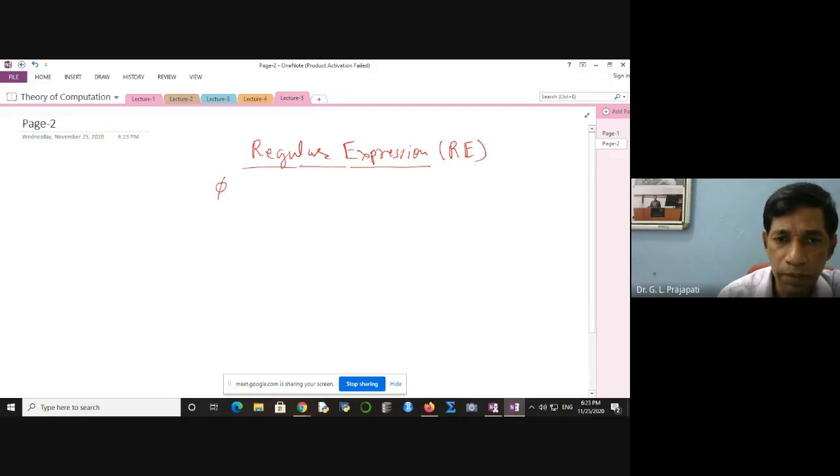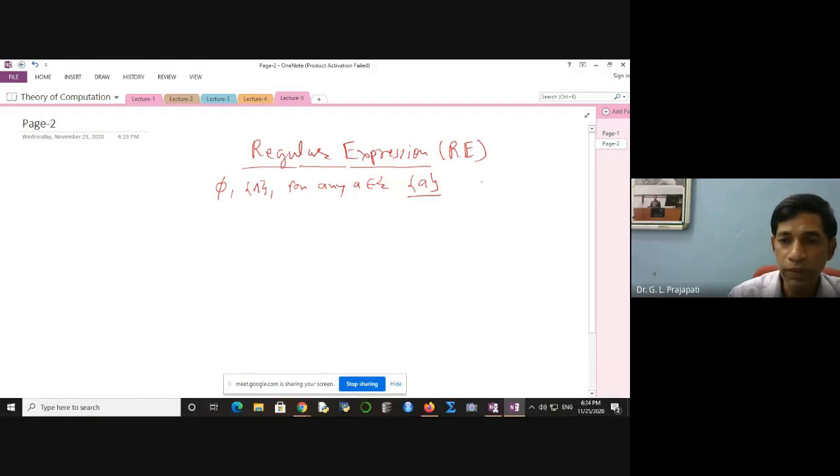This is the basic regular language, which is empty, or null, or for any a belonging to sigma, this is one of the simplest regular languages of length 1.